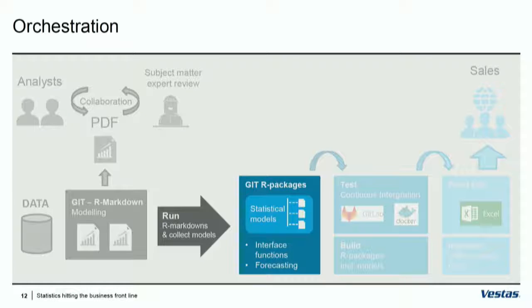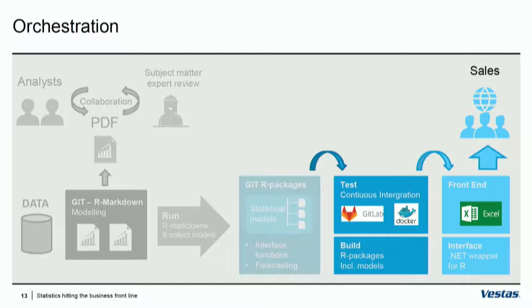Then we run all the markdowns in these libraries and fetch all these models, which are the final models, and package them together with interface and forecasting functions into one big package with models, interface functions, and forecasting functions. Then we do some continuous integration with GitLab and Docker, where we test and make some forecasts to see if the output is okay. We build and release the R package, including these models.